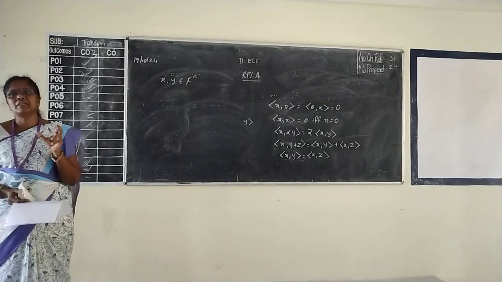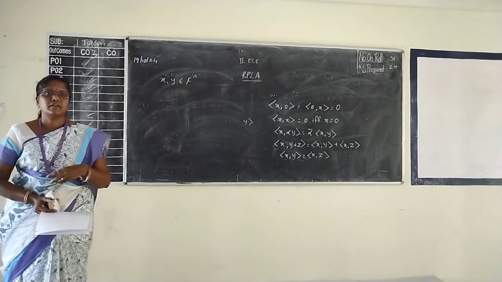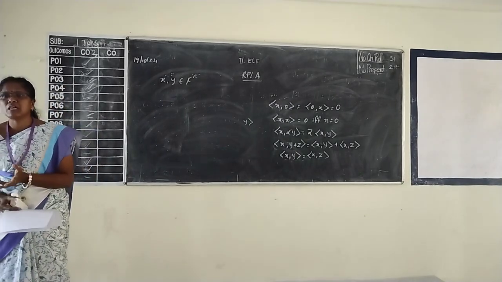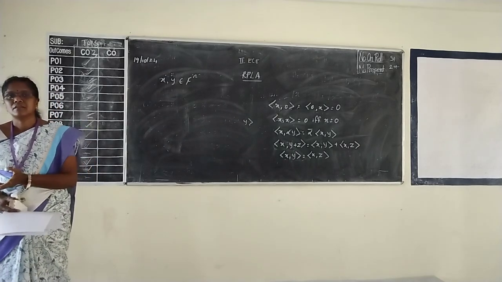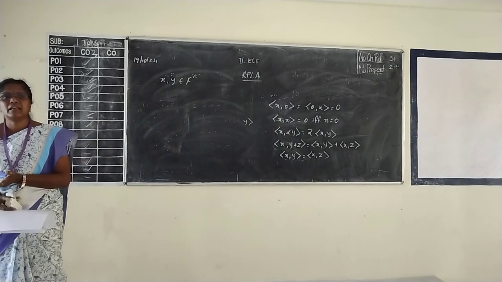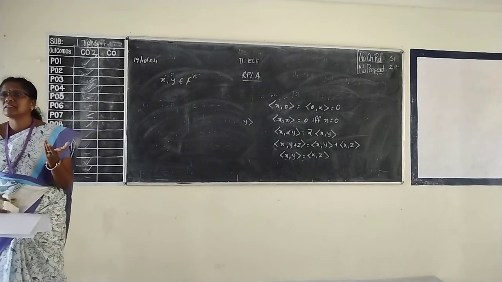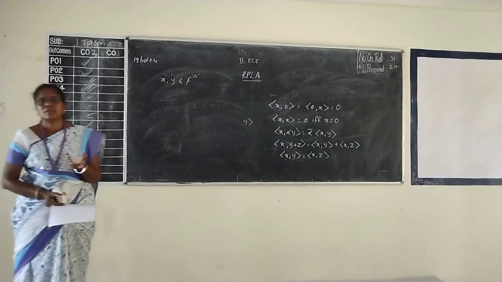How do you write the elements in F power n? We are dealing with vectors, nothing more. If it is F square, how do you write the elements? Second order elements, x comma y or a comma b. If it is F cube, third order.